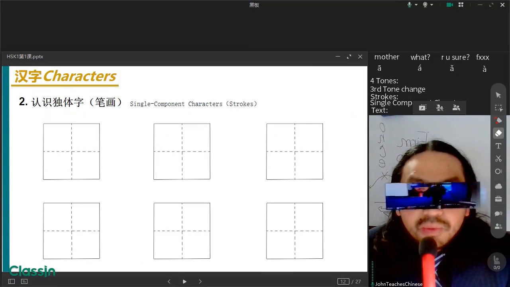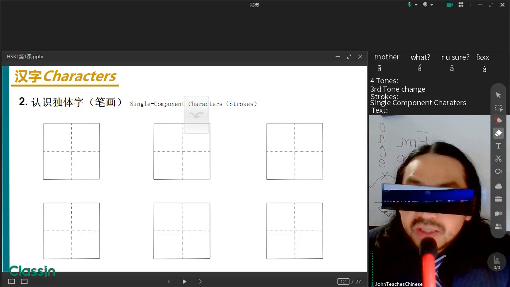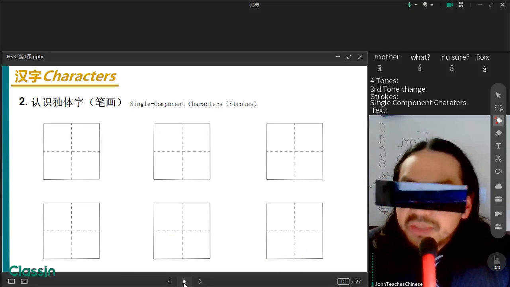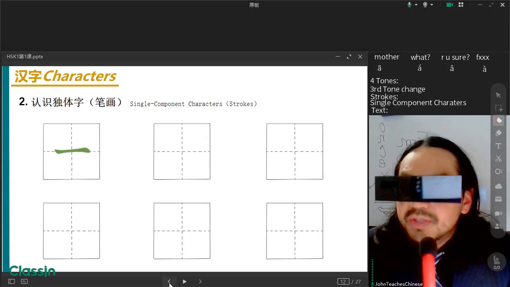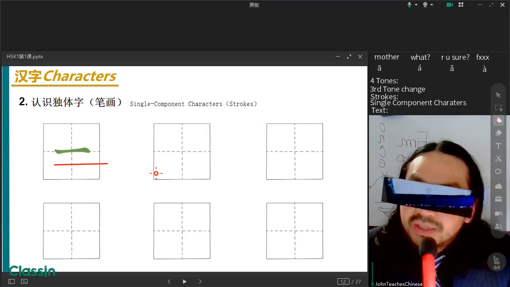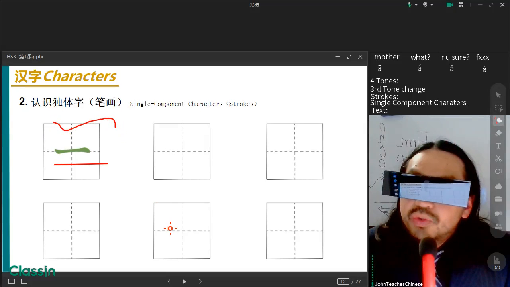Next, we need to have a basic understanding of the single component characters, which by their meaning are simple. 一 means one. How he writes it is different from how you should write it.